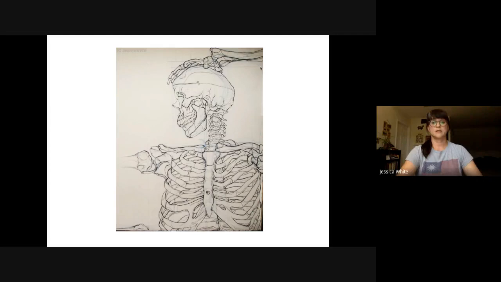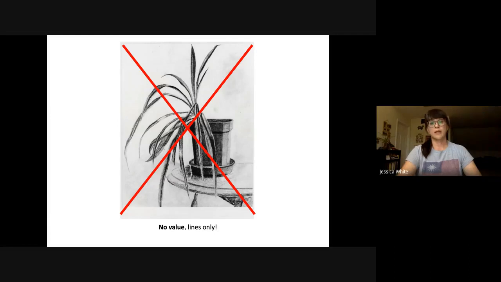This one I think has really especially good negative spaces along all sides of the page. So remember, right now, we are not doing anything with value just yet. We're going to move into that later on this semester, but we're still working just with lines.